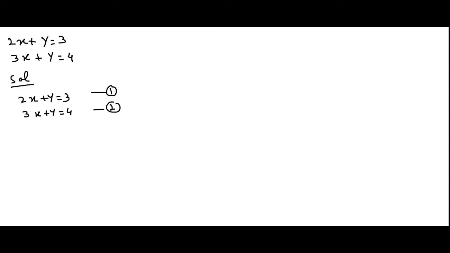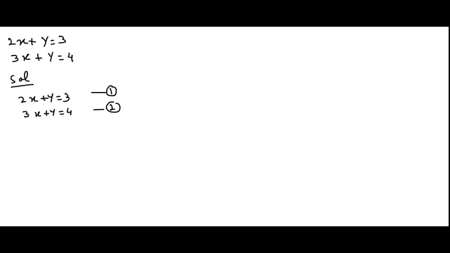Now since we are using the elimination method, we have to eliminate either x or y from the given set of equations. If we multiply equation 1 by 3 and equation 2 by 2, we can very easily eliminate x.